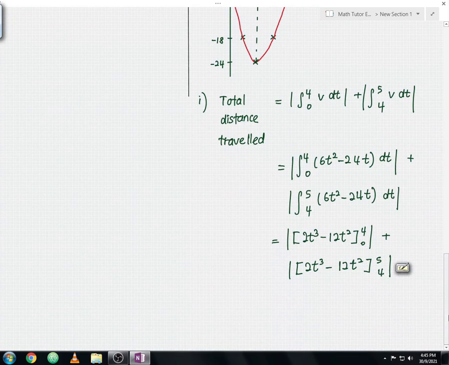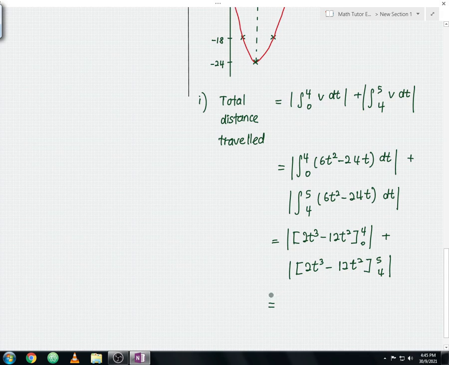So from here what you do, you substitute into the limits and then you subtract them respectively for this, and the same thing goes for this. You substitute the upper limit value and then you subtract the lower limit value. Let me show you in the next step.